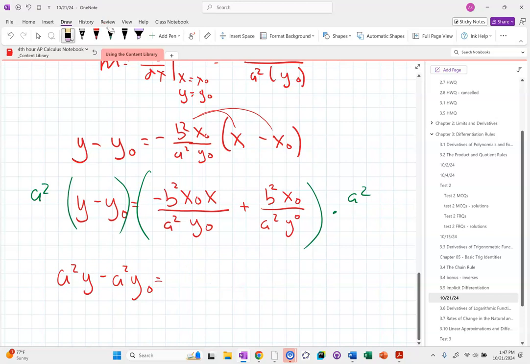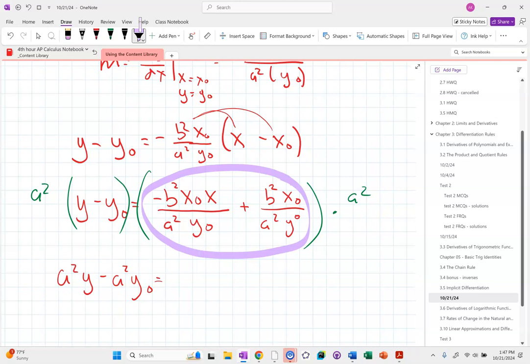And as long as I'm at it, if I look at this stuff in here, this is all a common denominator and has a greatest common factor of b squared.